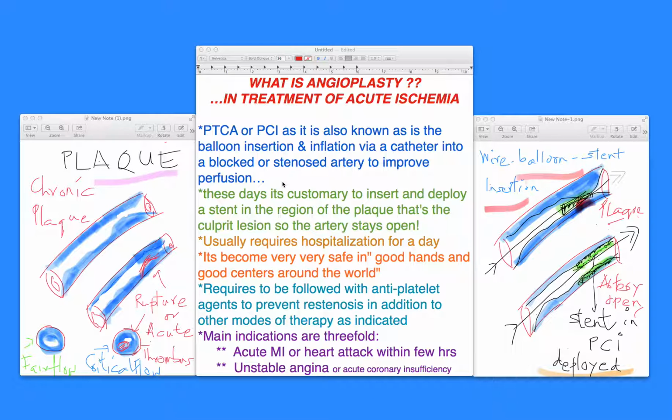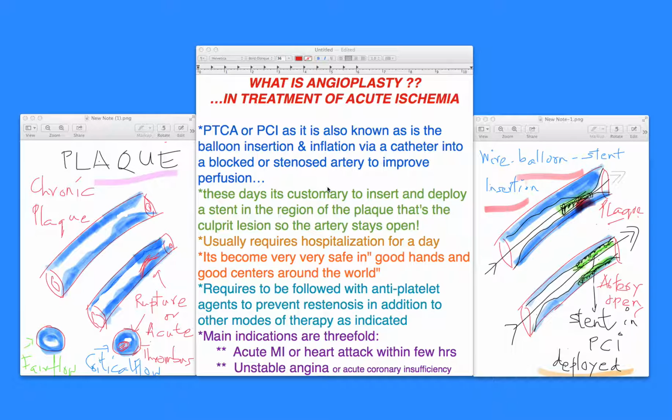And to improve the perfusion, the balloon is inflated, and that procedure is called percutaneous coronary intervention, or PCI. So these days it's customary to insert not only the balloon, but a catheter where you have a stent attached to it, so that this way the stent is placed and remains in the artery as shown here in the right diagram.